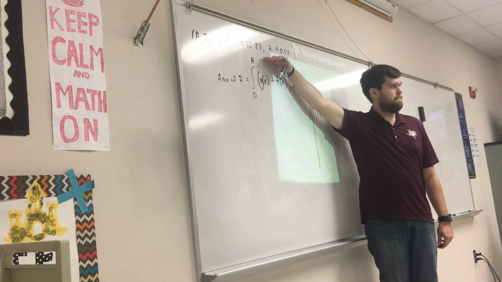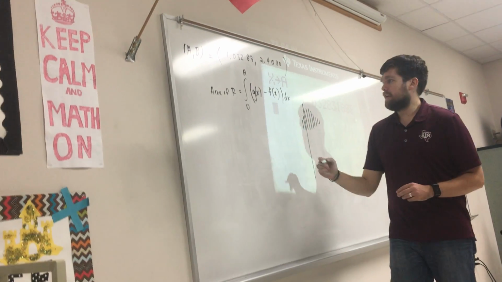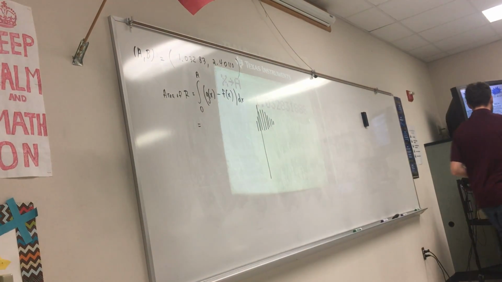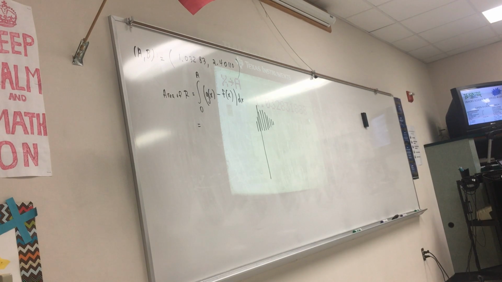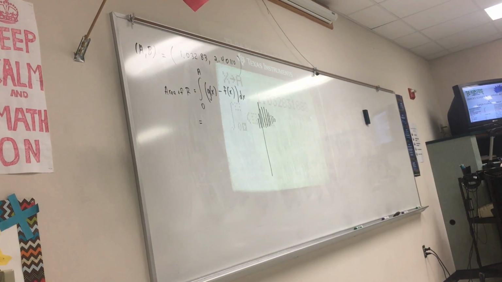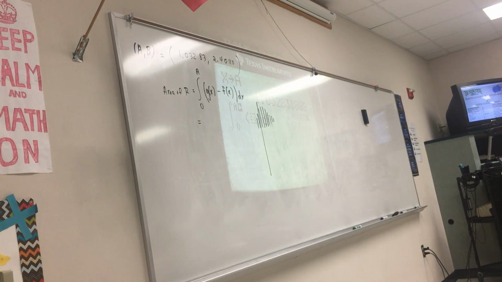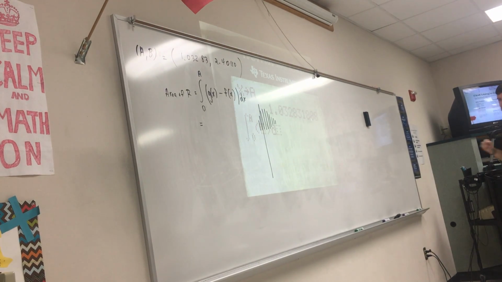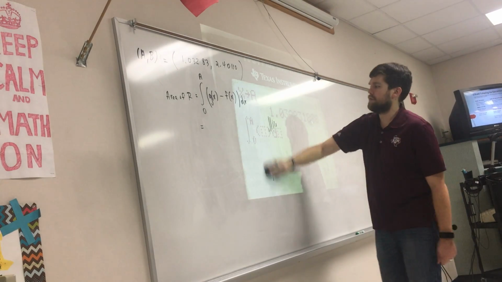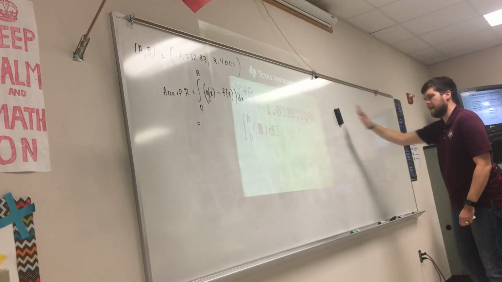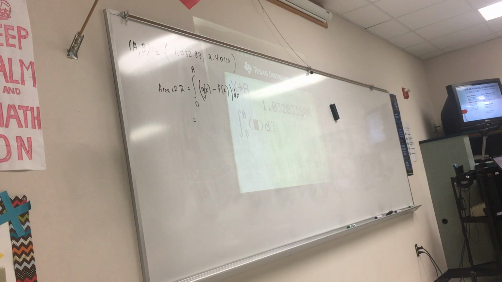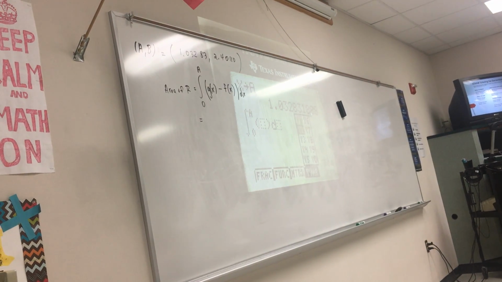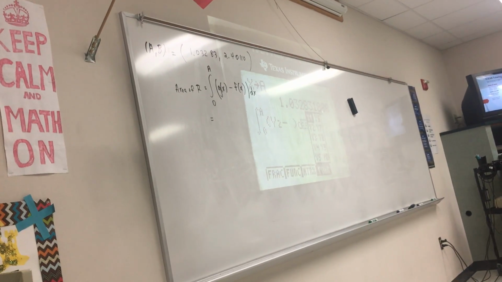Everybody cool with that? Okay, so now we can actually figure out what this is equal to. On our home screen, we can do Math 9 from 0 to A. It's probably a good idea to erase this right now so we can actually see the calculator. From 0 to A, and then what do I want to type in? y2 minus y1.